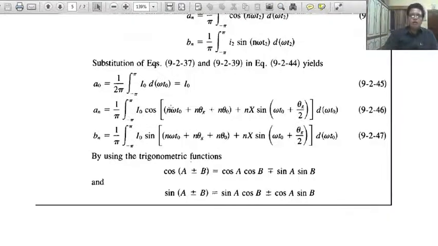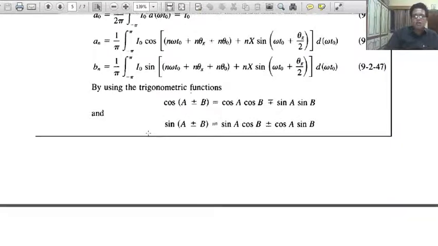Okay. So by using the expressions, you easily can get A0 equal to I0, and An equal to this and Bn equal to this. Many expressions you must memorize, because there is no time in the exam to derive such different expressions, because the question is very long.